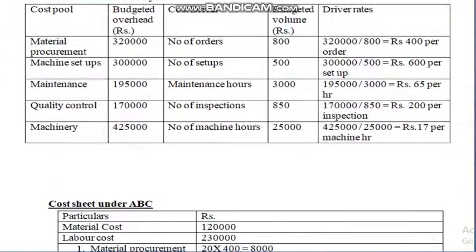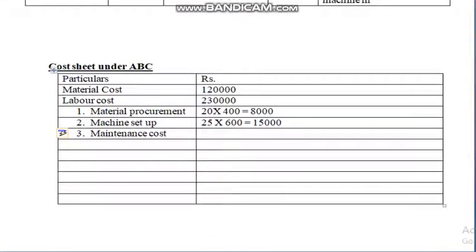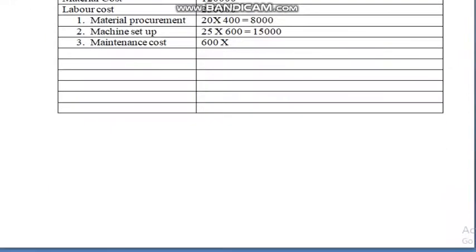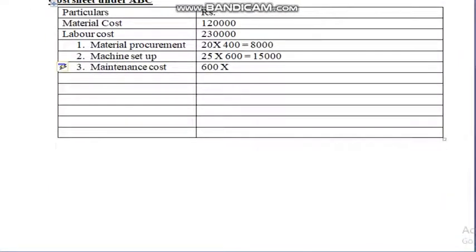So 600 multiplied by the cost per maintenance hour, which is 65 per maintenance hour. So 600 multiplied by 65 will be 39,000. Now maintenance cost is over.